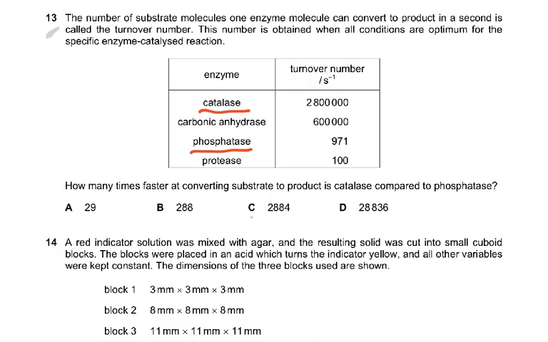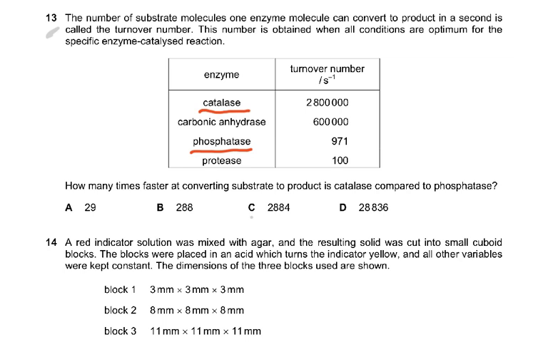Question number 13. The number of substrate molecules one enzyme molecule can convert to product in a second is called the turnover number. The number is obtained when all conditions are optimal for the specific enzyme catalyzed reaction.